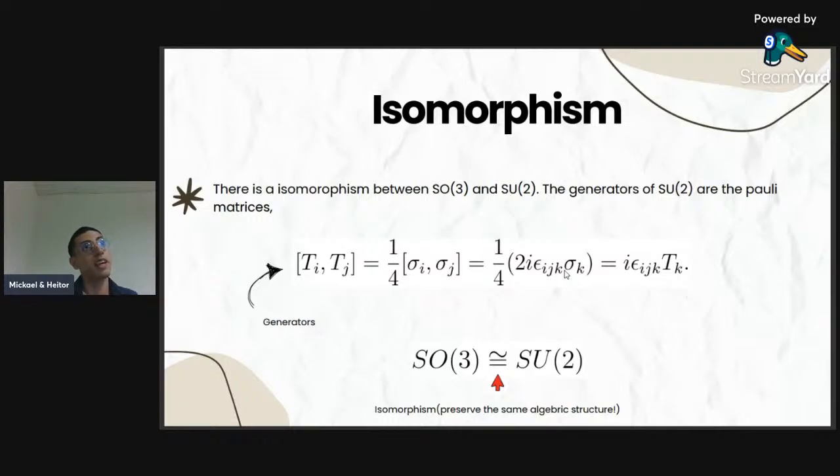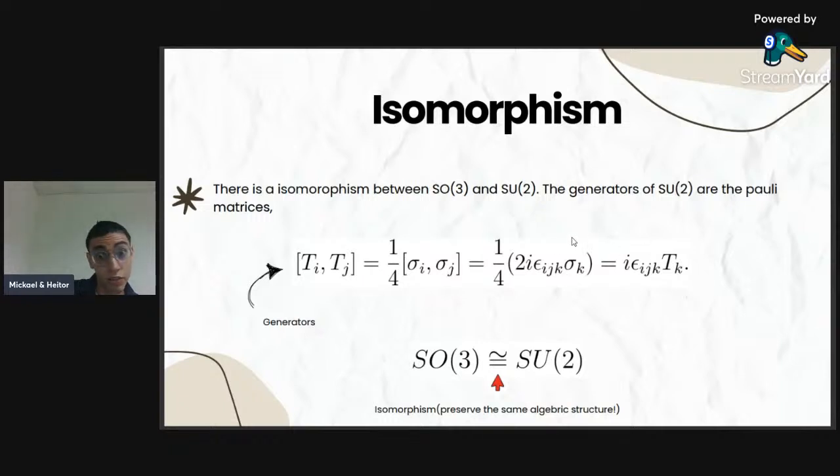And why do we say isomorphism? Because sometimes people confuse isomorphism with the idea that if the groups are isomorphic, then the groups are the same. Well, they're not necessarily the same. Just like I said here, if those groups preserve the same algebraic structure, we call it isomorphism. What's the algebraic structure we're talking about now?